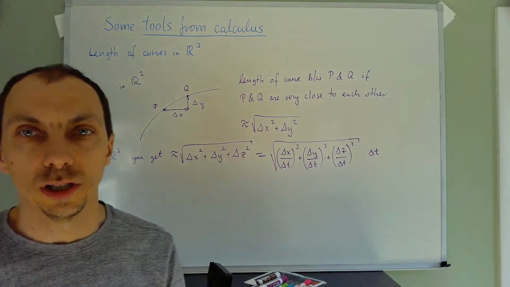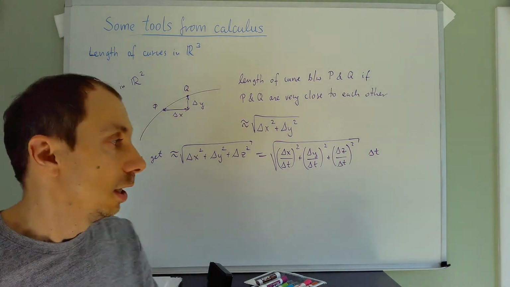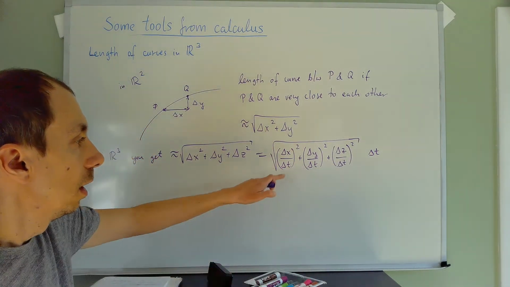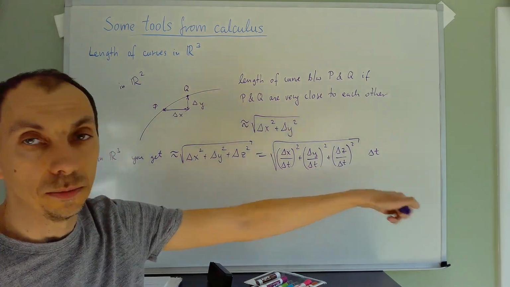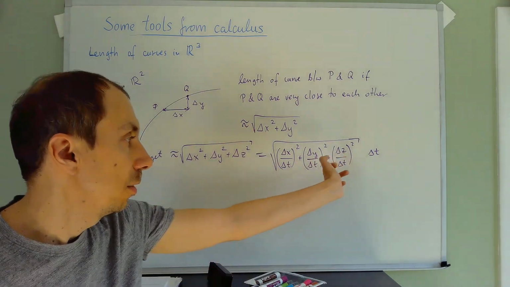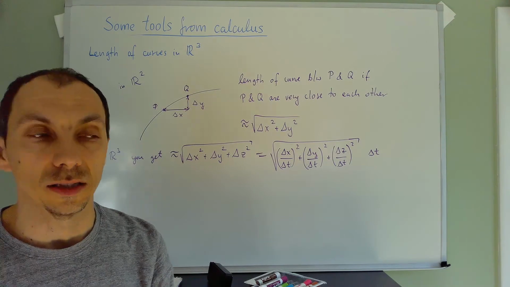Note, it doesn't matter what delta t is here. This is just formally true. Whenever it's a positive real number, this is just a simple algebraic cancellation. So you get something like that.